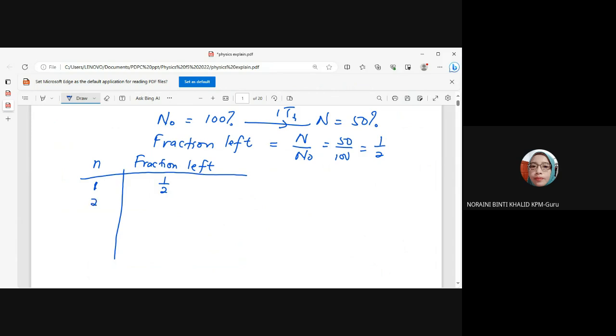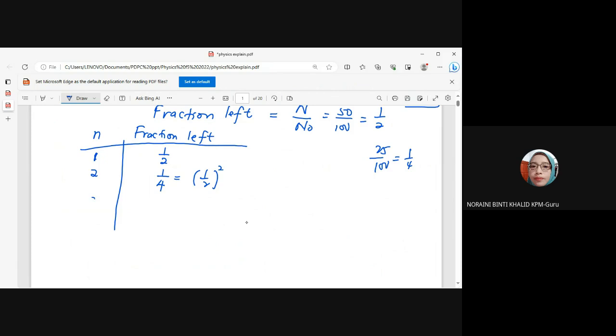If 2 half-lives, what is it? Another 1 half-life. It will become 25. 25 over 100 is what? 1 over 4. So this will be 1 over 4. Meaning half from before, half from before. This is 1 over 2 to the power 2.